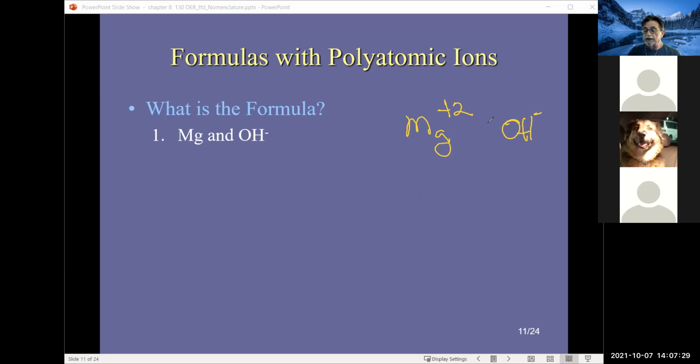So that means that I need 2 OH minuses to cancel out the +2 of the magnesium. Since this is a polyatomic ion, this is where I utilize parentheses. So that is the formula, okay? And the number of hydroxides that I need goes outside as a subscript of the parentheses. So that is magnesium hydroxide.